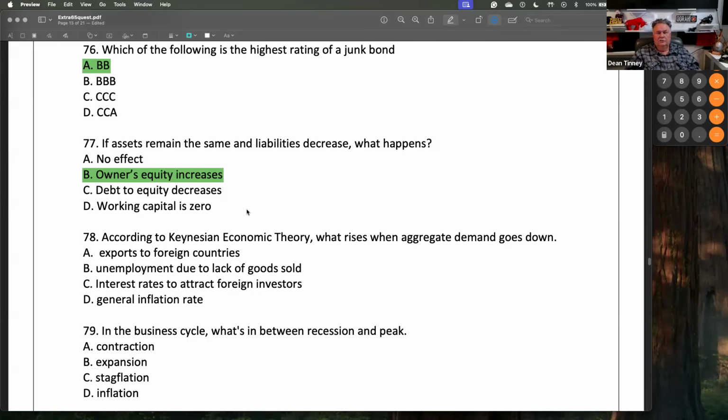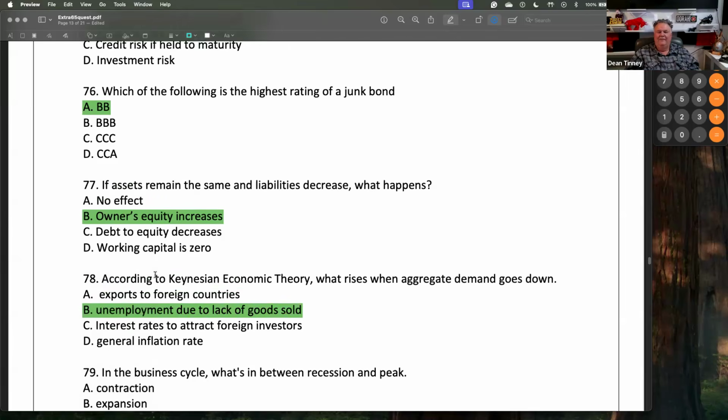Oh, think about the depression. Six calendar quarters of declining GDP. And what happened in the depression? What went up? Unemployment. Yeah, right on. It's unemployment, right? We're not selling stuff. We have a lack of demand.